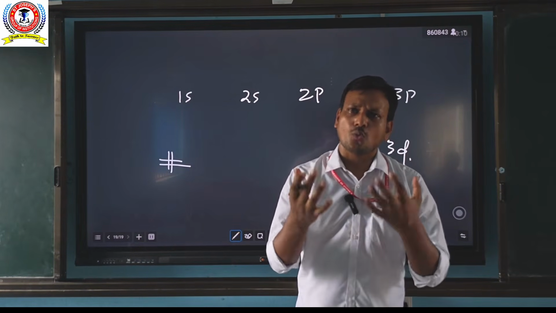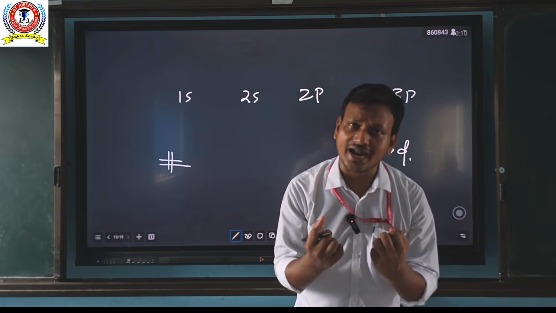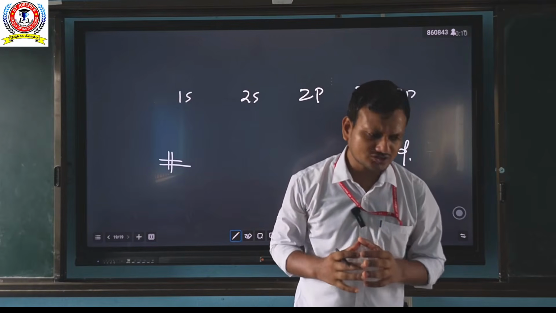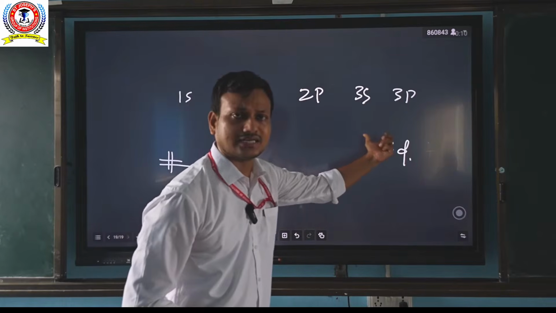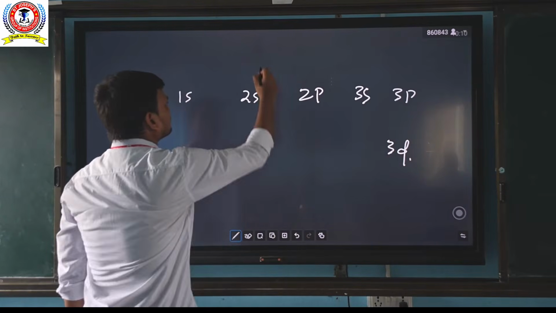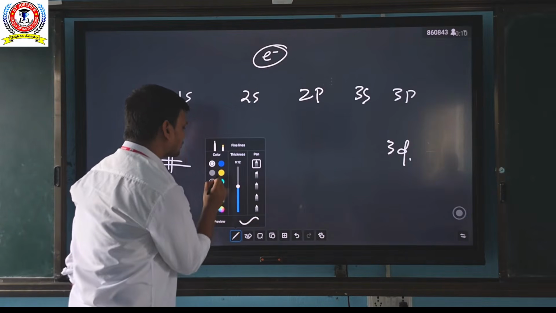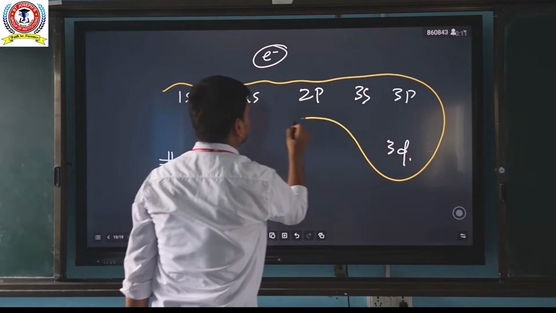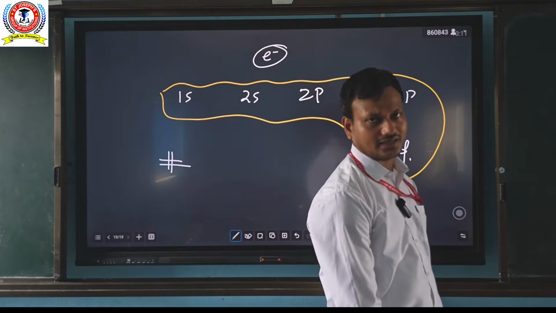We have to know this before the electron enters a subshell, because suppose we have 1s, 2s, 2p, 3s, 3p, and 3d, and one electron comes. These are the possible places it can stay.